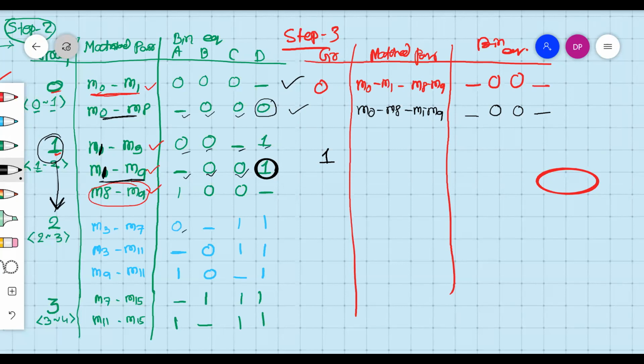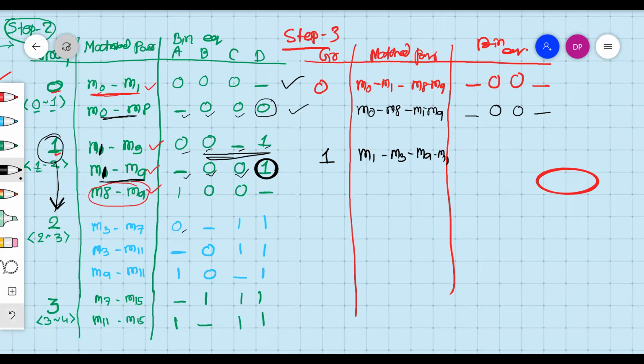So M1 M3, there is no matching with M3 M7. M1 M3 with M3 M11 also not there. And M1 M3 with M9 M11, also not there, or it's there. Okay, right. So M1 M3 with M9 M11. You can see this element and this element are same.